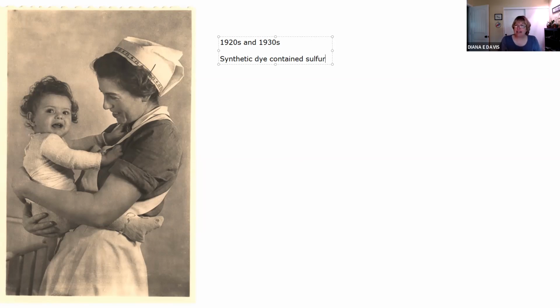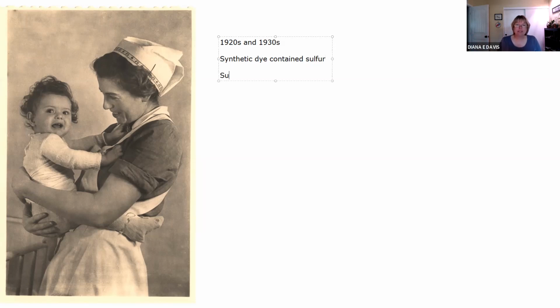How they figured this out, I haven't found that story, but that's a pretty impressive finding to make. You're making a real leap from making something to dye clothing with to treating patients.